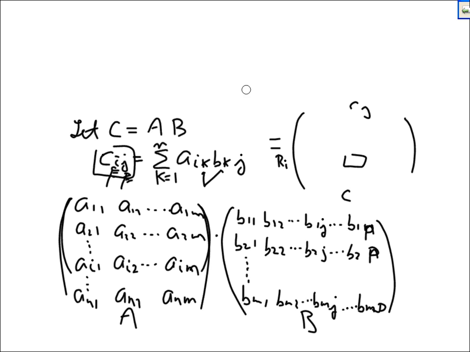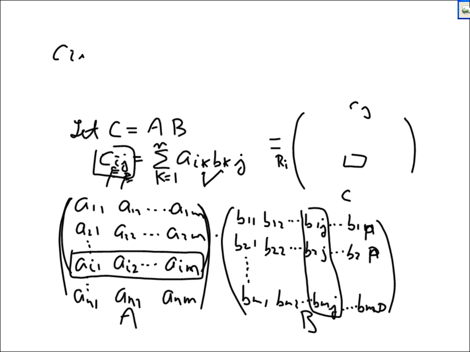What is going to go in that ijth position? The answer is the dot product of row i of matrix A, the left matrix, dotted with the jth column of the second matrix. C_ij is row i of matrix A dotted with column j of matrix B.